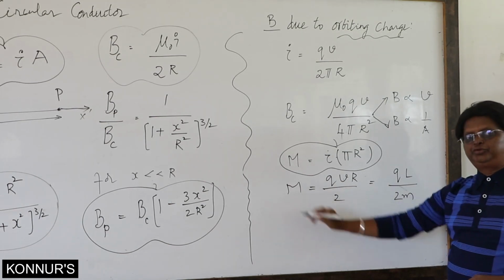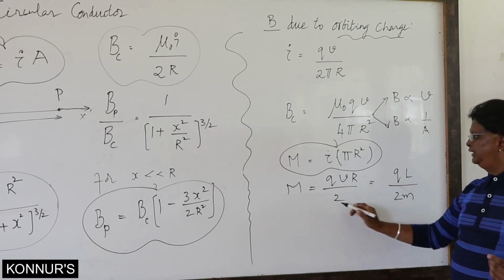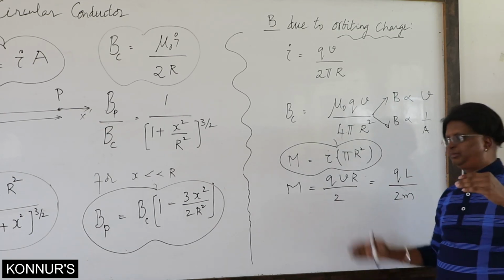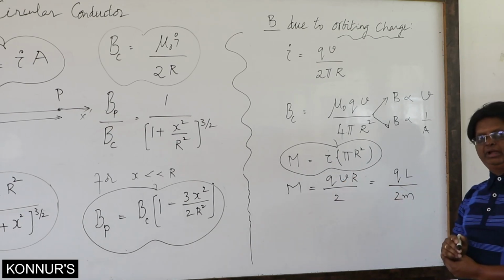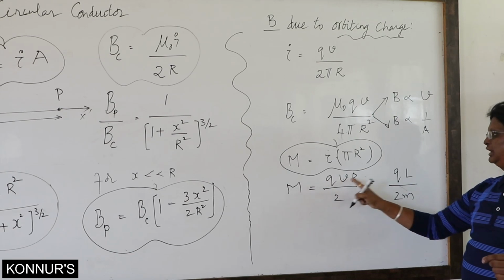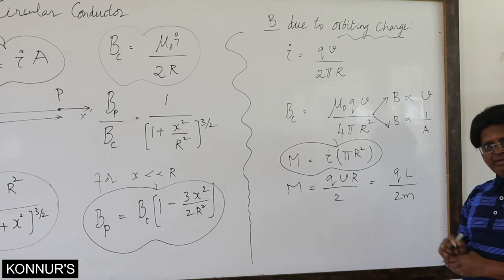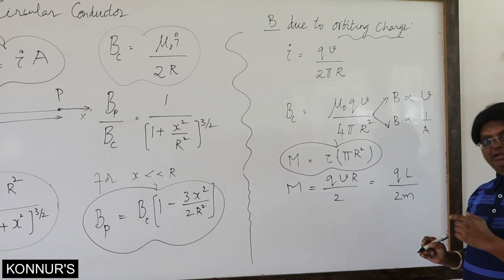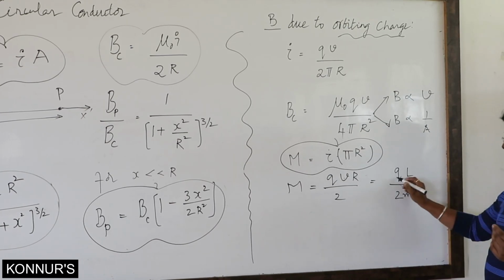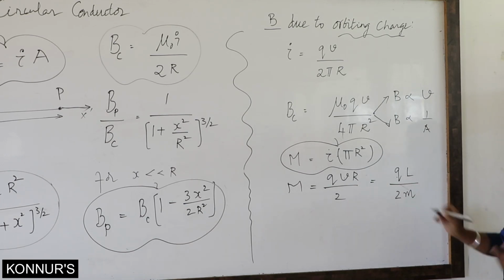Magnetic moment M due to orbiting charge is q v r by 2. If I multiply numerator and denominator by the mass of the particle, small m, then this m v r becomes angular momentum. You remember that simple statement. Therefore, this is q L, and in the denominator the m term also appears. So this is q L by 2m.